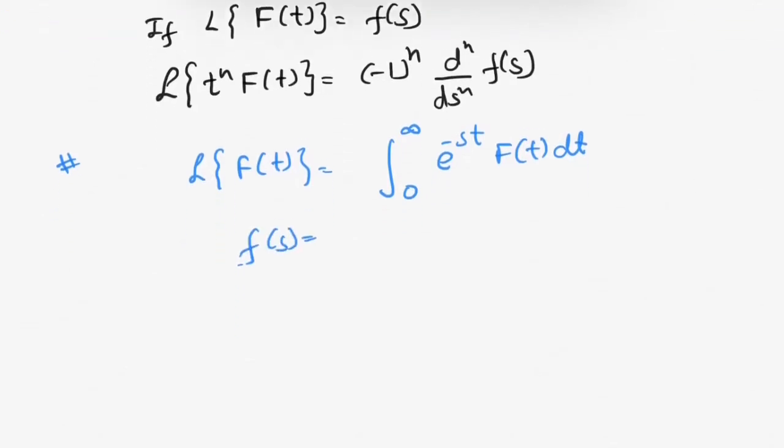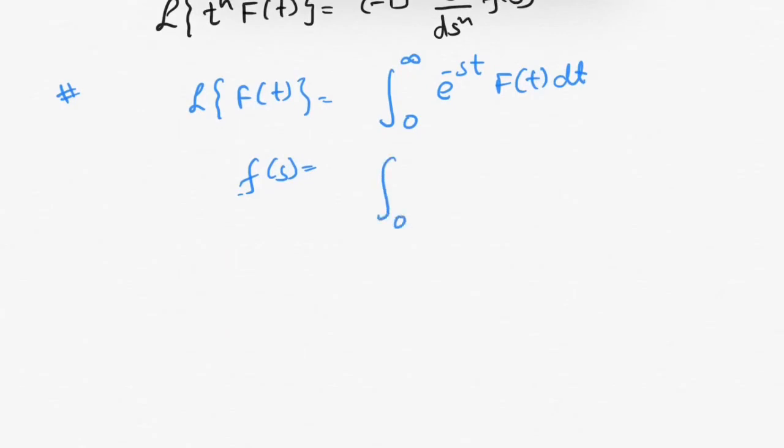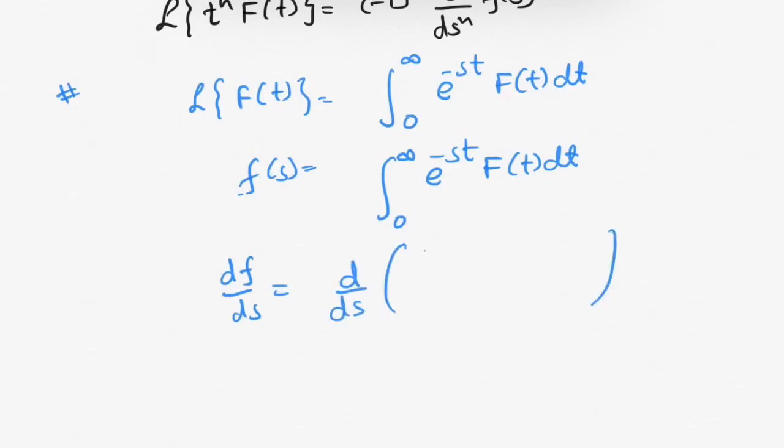So this equals the integral from 0 to infinity of e^(-st) f(t) dt. Now differentiating this equation with respect to s, this will be dF/ds, which equals d/ds of the integral from 0 to infinity of e^(-st) f(t) dt.